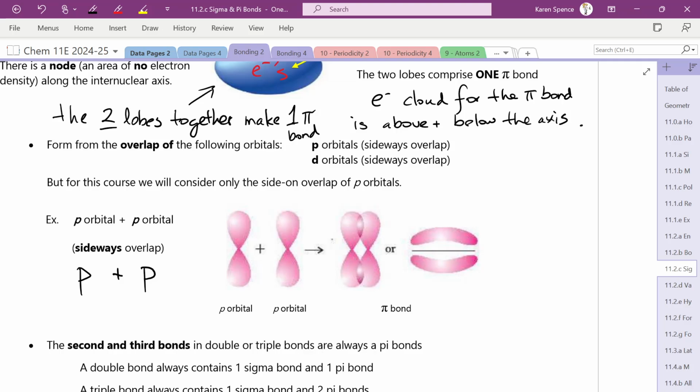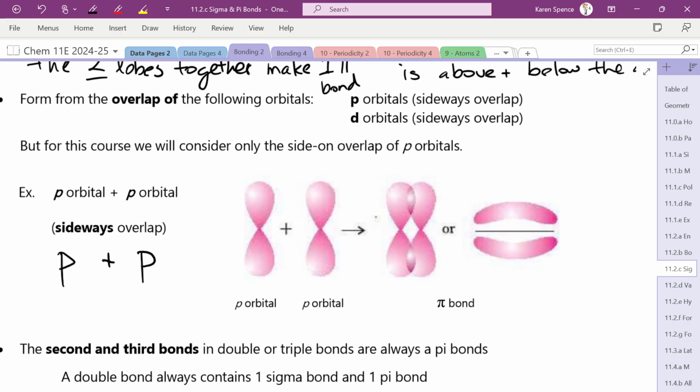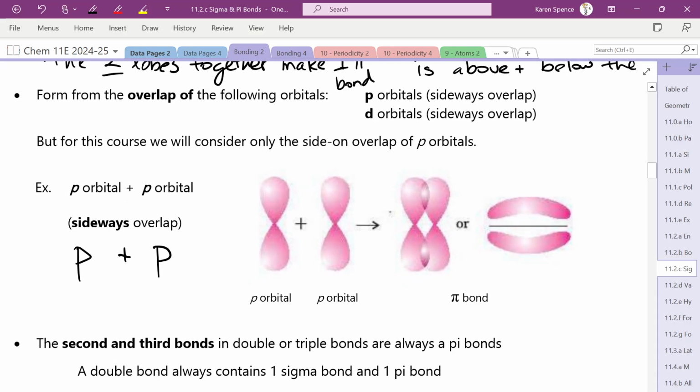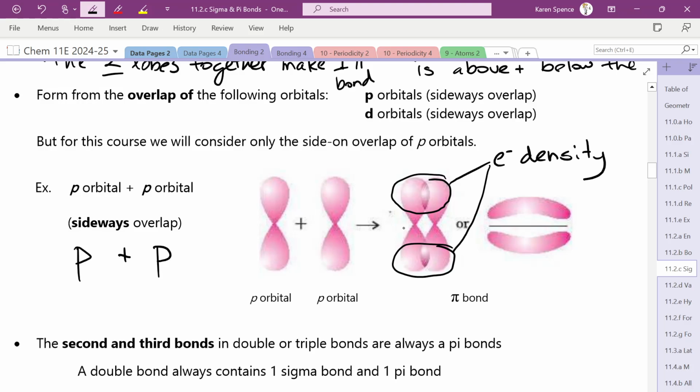So if you have a p overlapping with a p, you'll notice that your electron density is here and electron density is here. And what do we have in the middle? We have a node. And what do we have in our pi bond?